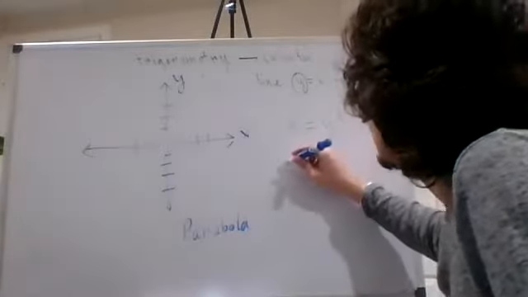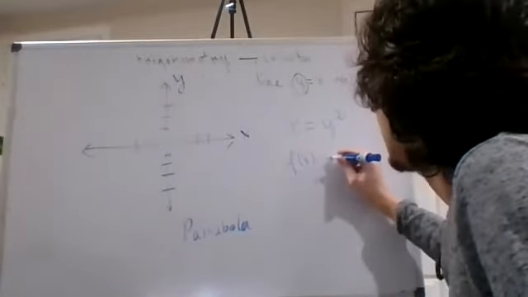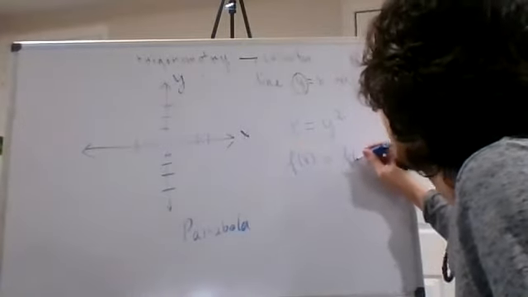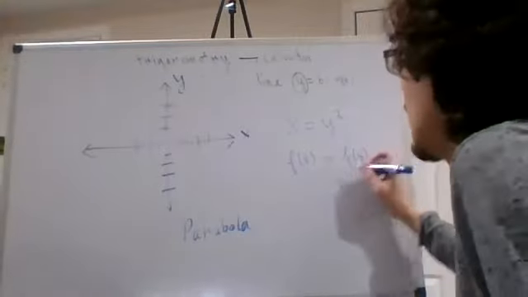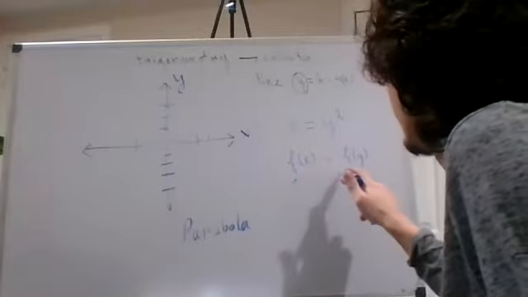So instead of f of x, we say f of y. And this is the importance of stating it as a function.